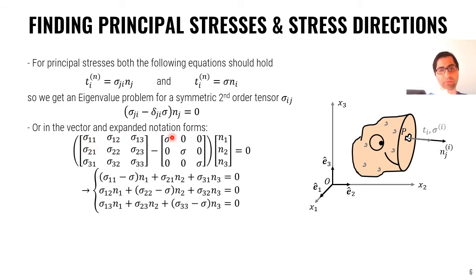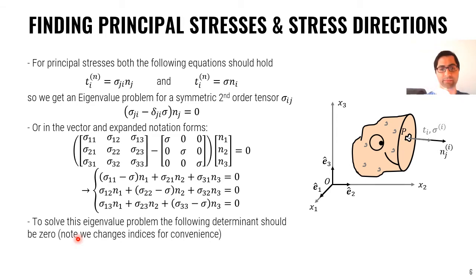If I do the multiplications, I end up with these three algebraic equations to solve. This is an eigenvalue problem.